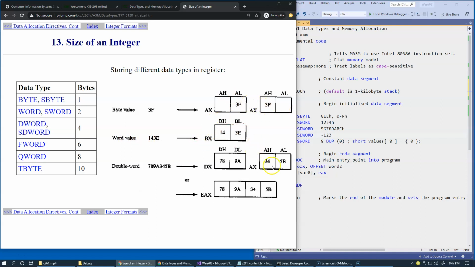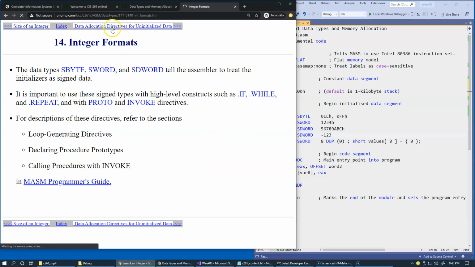So these are just examples of the way the values are stored when you think about how they would appear in different registers that we know by name. So that's just a set of examples.